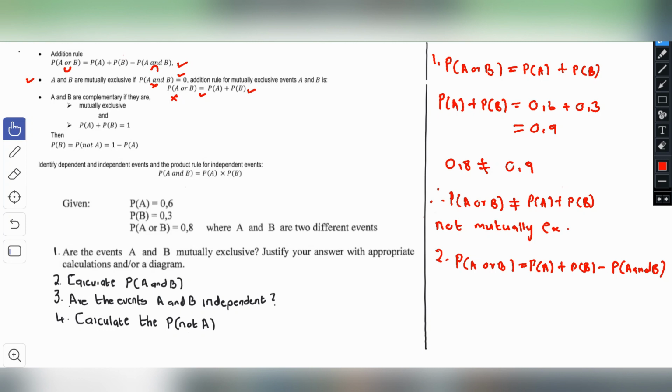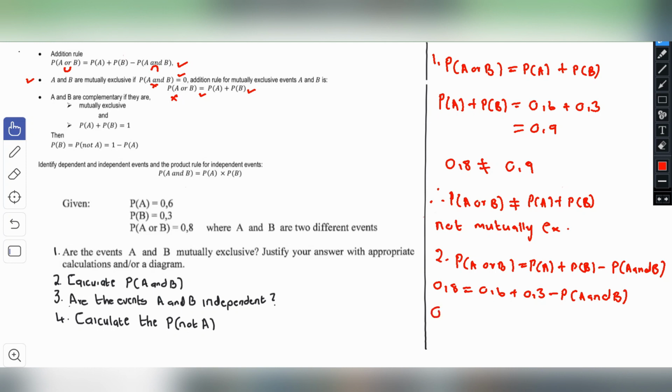The probability of A or B is given by 0.8. Therefore, we have 0.8 is equal to the probability of A, 0.6, plus 0.3, minus the probability of A and B. Then we solve for the unknown, which is the probability of A and B. If we add 0.6 and 0.3, we get 0.9.